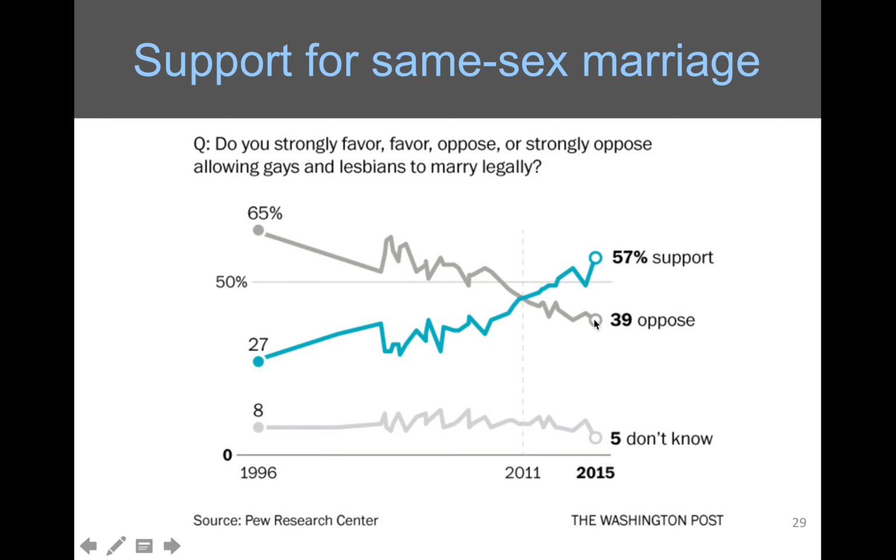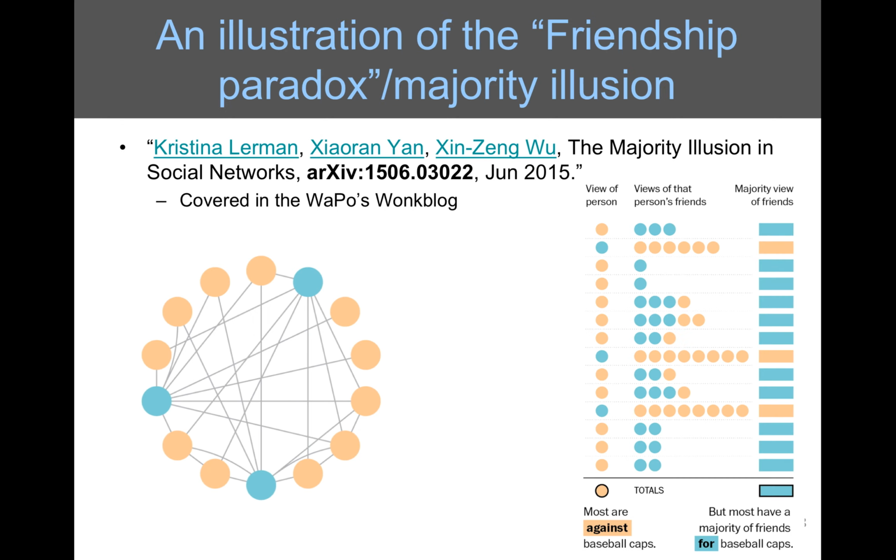And when you interviewed these people and asked them why they changed their mind, almost inevitably the answer was they know someone who was gay or lesbian, and they felt, okay, I know these people, these are nice people, they should be allowed to have this right, and that's why I'm switching my support. So it's very similar to this.